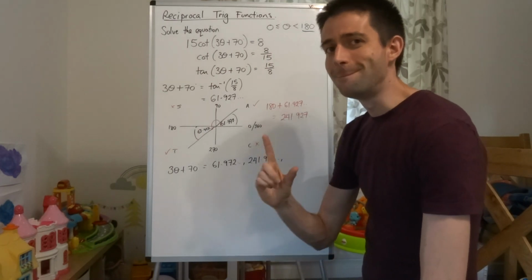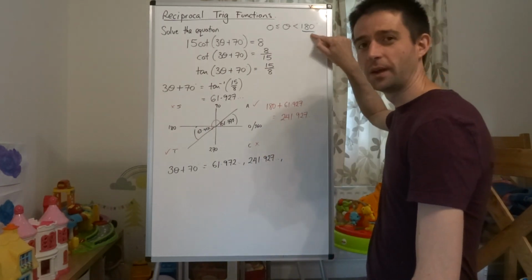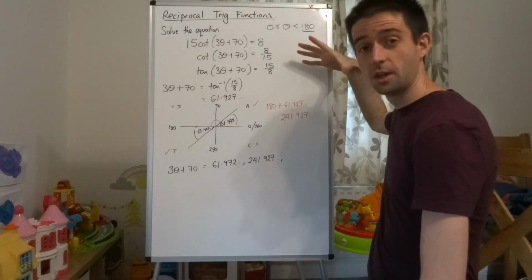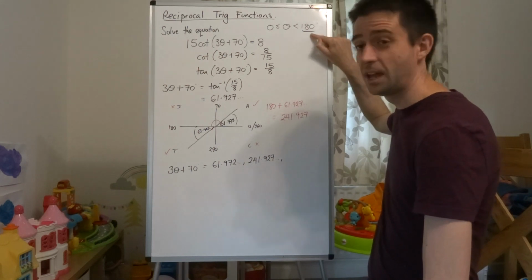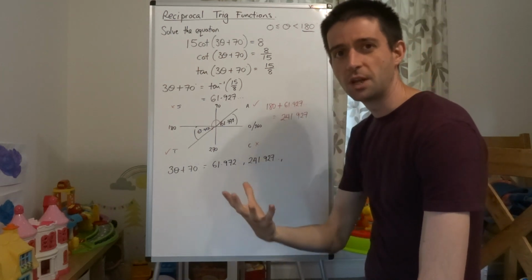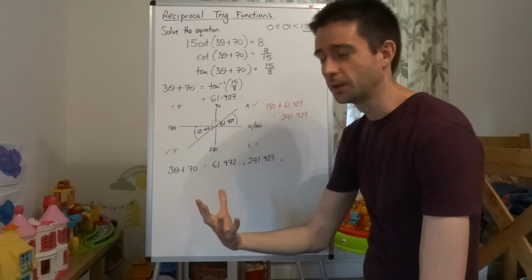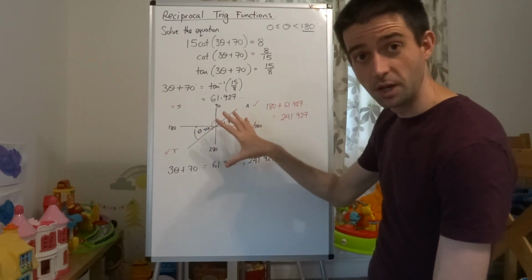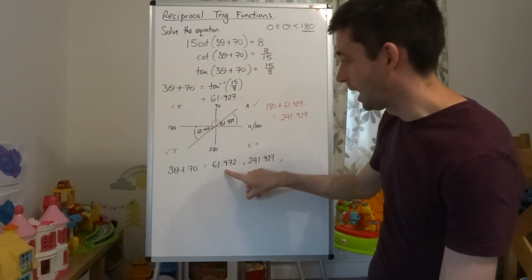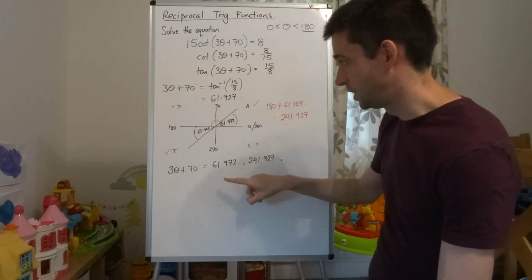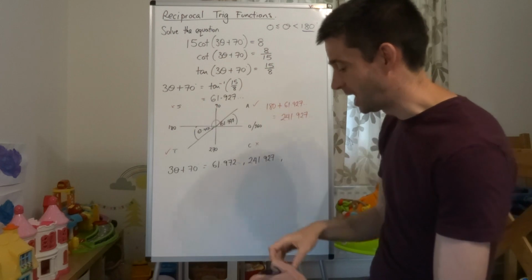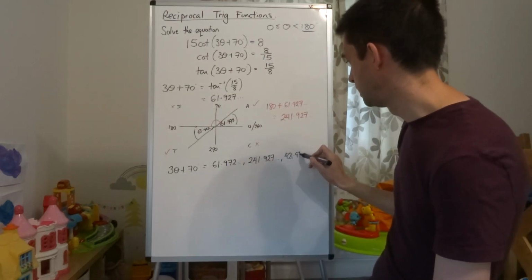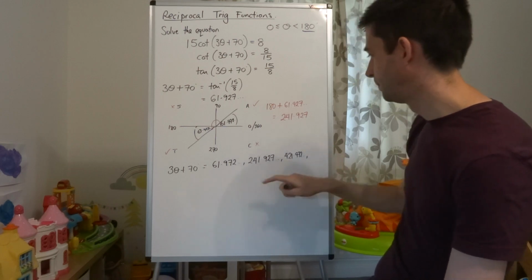However, we're only going up to 180. So you might think, oh, 3 times 2, that's 6 solutions, so I'm only going to get 3. Sometimes you get 3, sometimes you get 4. We'll have a look. What we need to do, in the same way as with the one before, is add 360 to this one here, going round the cast diagram again, which will give us 421.927.